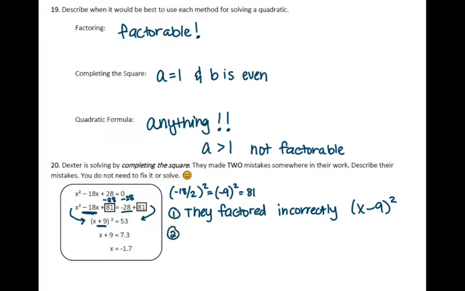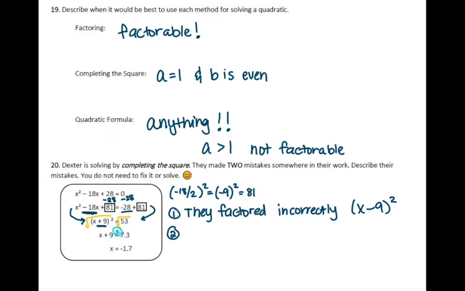Okay, so that's mistake number 1. Mistake number 2, so what did Dexter do next? From there, I'm assuming they took the square root. So I'm going to use my calculator and see what the square root of 53 is. It is 7.3. So the 7.3 is good. However, every time you take the square root, you do need that plus or minus.